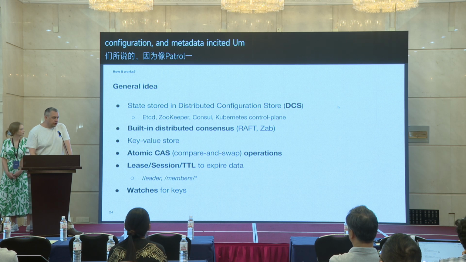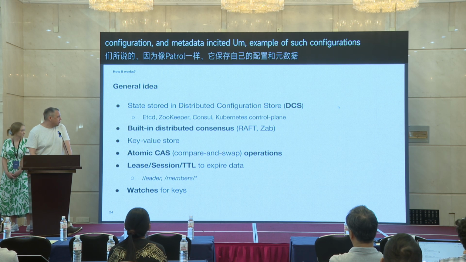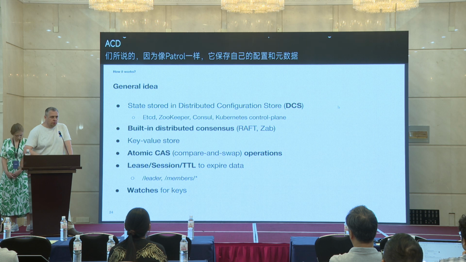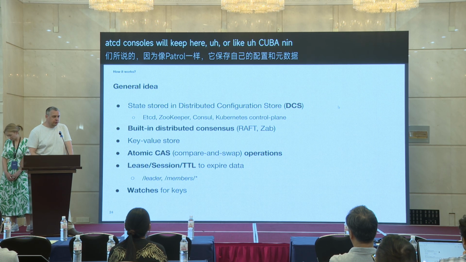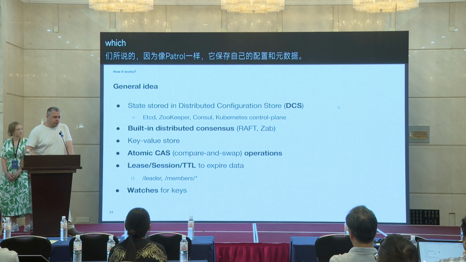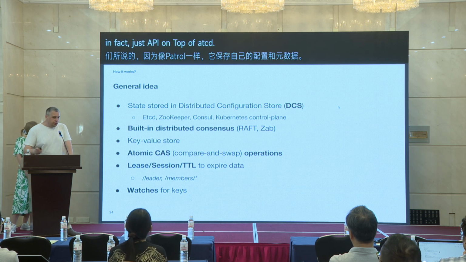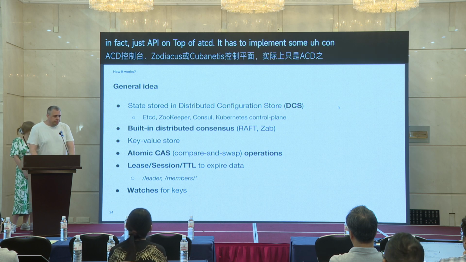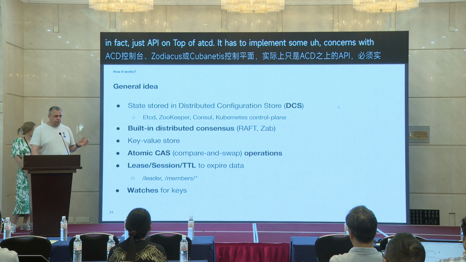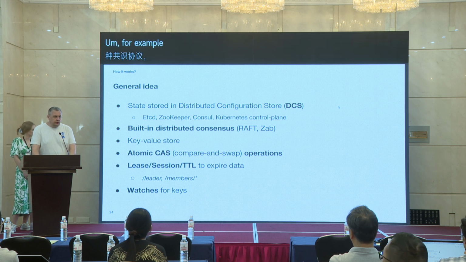Examples of such configuration stores are etcd, Consul, ZooKeeper, or the Kubernetes control plane, which is in fact just an API on top of etcd. It has to implement some consensus protocol. For example, Raft in the case of Consul and etcd, or ZAB in the case of ZooKeeper.